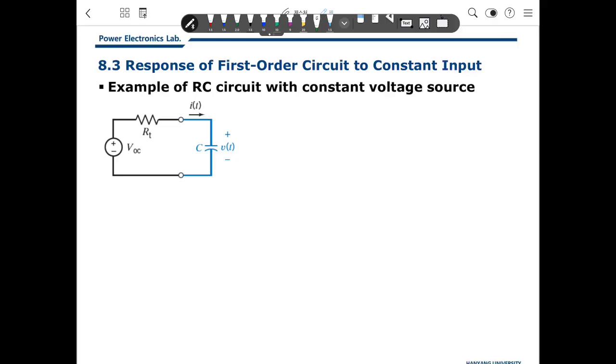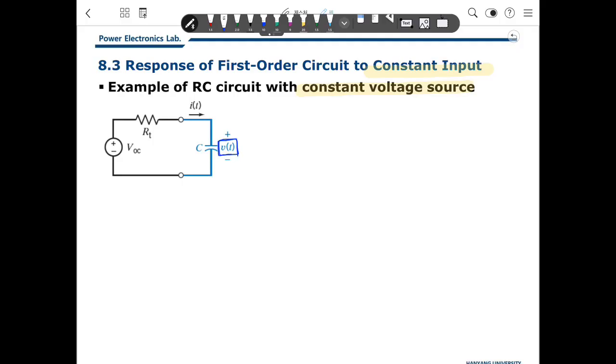In this chapter, we will deal with circuits that have a source which is a constant input, such as 5 volts, 10 volts, whatever it is. In this case, we will study the voltage. The target we need to know is v(t).